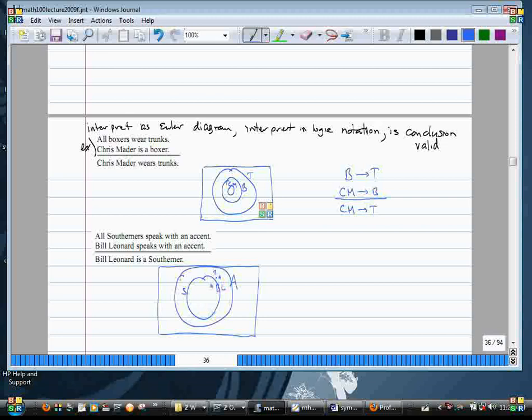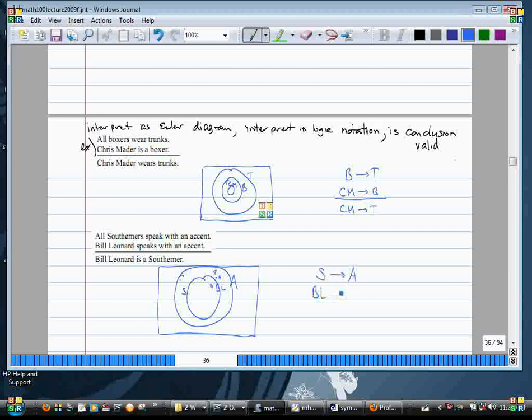Okay. So now, how do we write this in logic notation? Okay. Right. So if S, then A, and then Bill Leonard speaks with an accent.